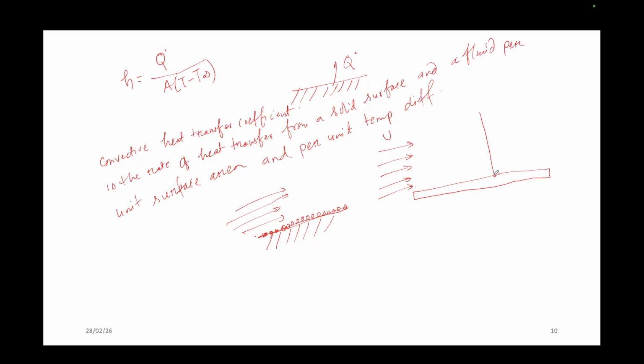Initially at this point the velocity is zero, and after that the velocity increases up to a certain level and then becomes almost constant. Why initially is it such? Because of the no slip condition. So this is your profile. The velocity at this point is zero, or we can say that the relative velocity is zero, right?